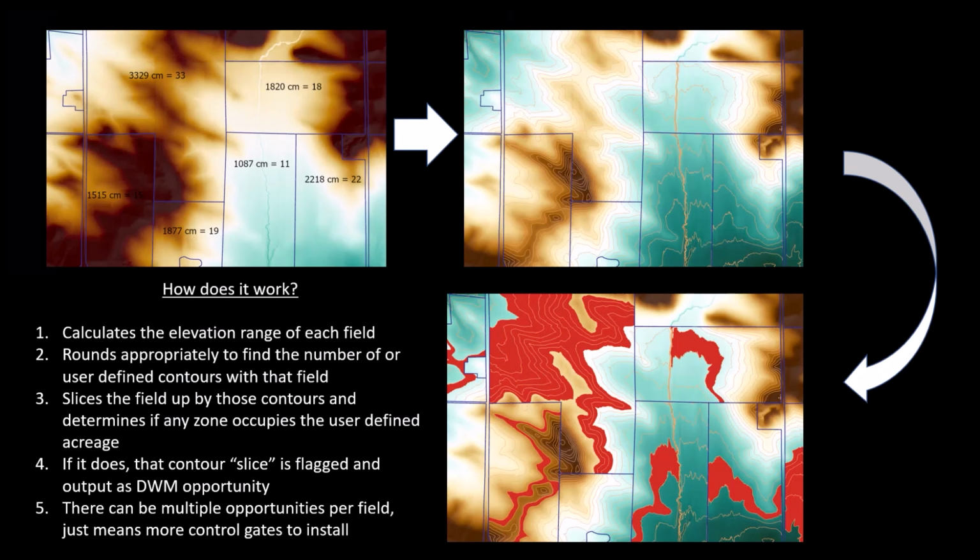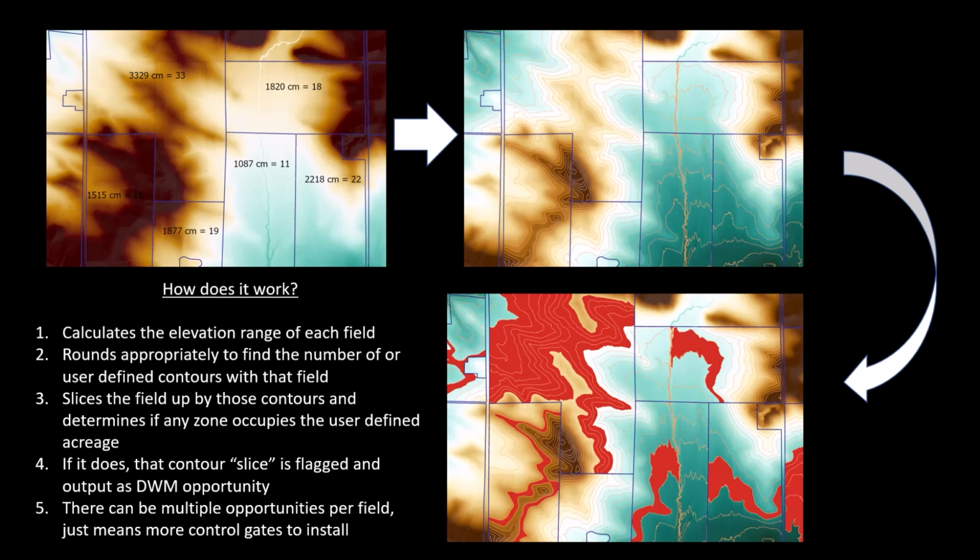It's kind of interesting how this tool works. We have an example where we have specified a 1-meter contour interval and that the user-defined contour must be a minimum of 10 acres of the field. So first off, the tool calculates the elevation range of each field. That range is then rounded appropriately, and the number of 1-meter contour intervals that can fit within that field is found.